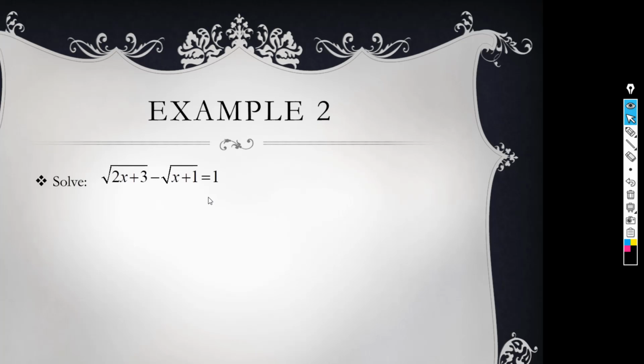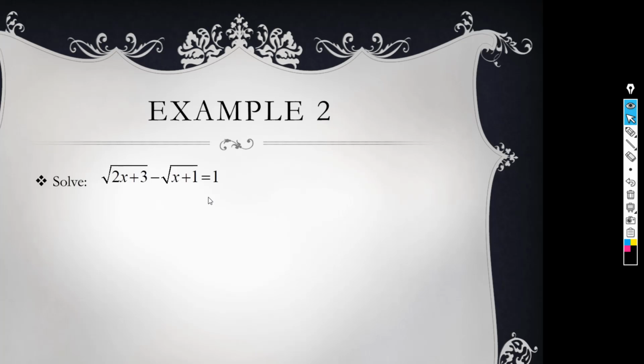Go to the next one. Now this one we have 2 radicals. They're both on the same side. Again, you have more than 1 radical, but in this case we have 2. We want to isolate one of the radicals. It doesn't matter which one. I could isolate the radical that has the square root of 2x plus 3, or the one that has the square root of x plus 1.